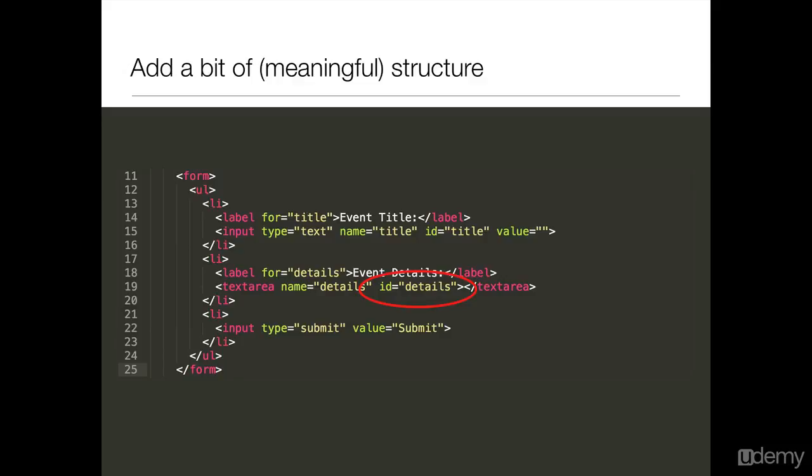So then we've got something where there is a tight coupling between the label and the text area, and a screen reader or any other user agent can interpret that as intended.